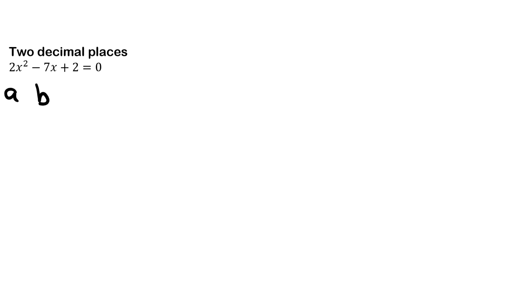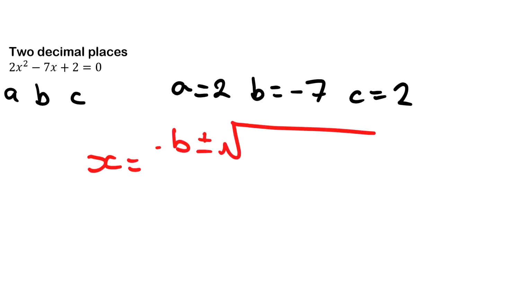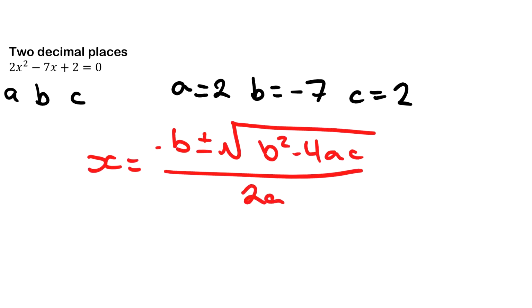So here we're going to do another one for 2 decimal places. Start A, B, C. So A equals 2, B equals -7, C equals 2. X is going to equal minus b plus or minus the square root of b squared minus 4ac over 2a. Now you really want to write the formula down all the time so you start to memorize it and be able to just recite it whenever you need it.